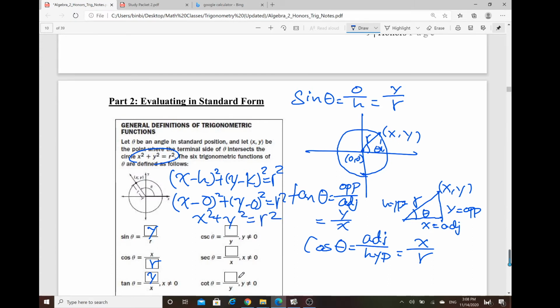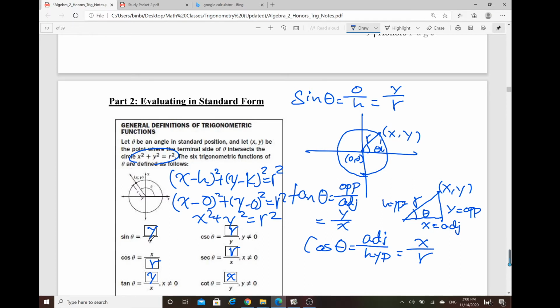Now what about the rest of those ratios? These are the reciprocals of sine, cosine, and tangent, so just reverse the order: r over y, r over x, and cotangent of theta, x over y. Be careful with the ratios.